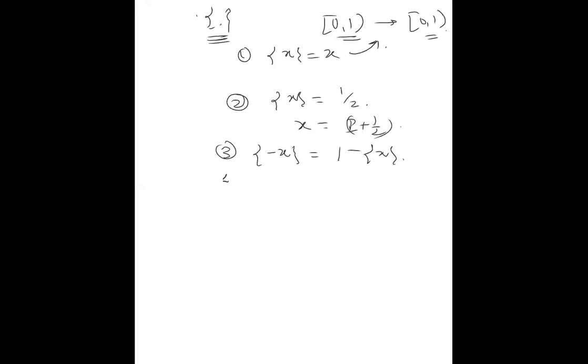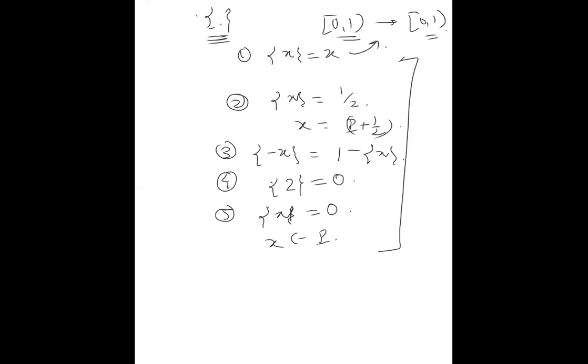The fraction part of any integer is always 0. Fifth, if the fraction part is 0, then x belongs to integers. These are a few facts. And sixth, the fraction part of x is periodic with period 1; it will repeat itself after 1.